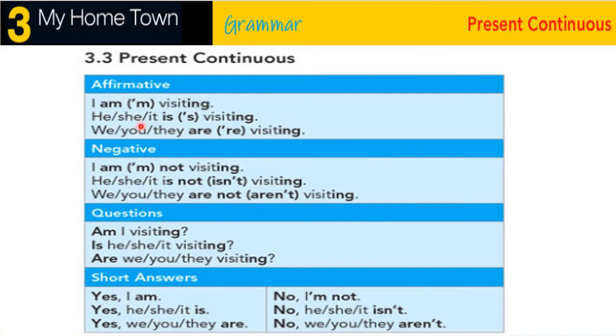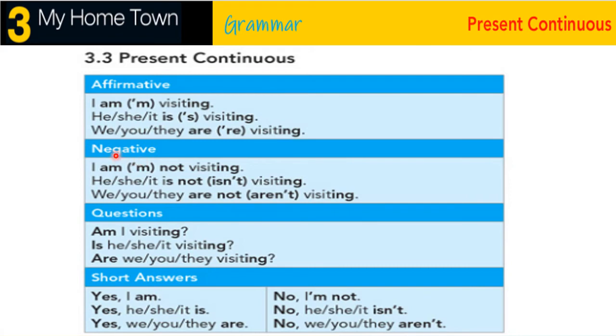So that's the affirmative form: am, is, are plus a verb ing. The negative form: I am not visiting, he isn't visiting, she is not visiting, it isn't visiting. We aren't visiting, you aren't visiting, they aren't visiting.